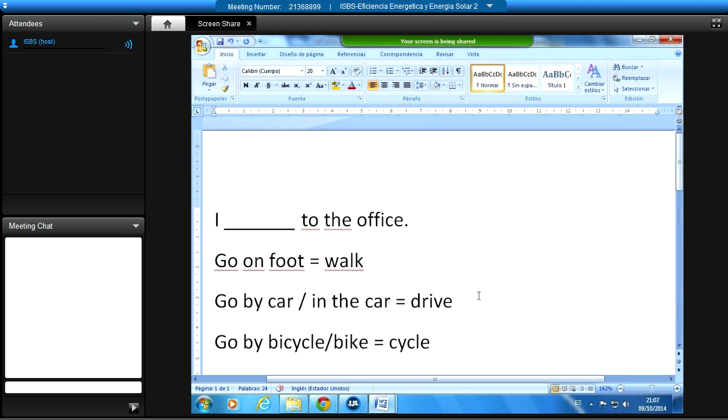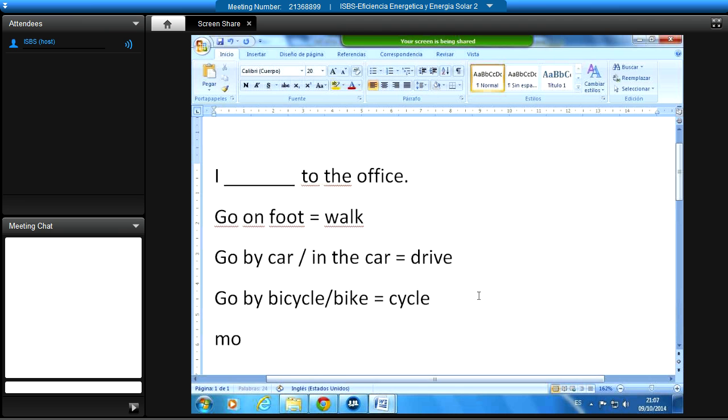I cycle to work means I travel on my bike. And if it's a motorbike, if it's to go by motorbike or motorcycle, then you say I ride. Every morning I ride to work. So that's how you make the difference, okay?